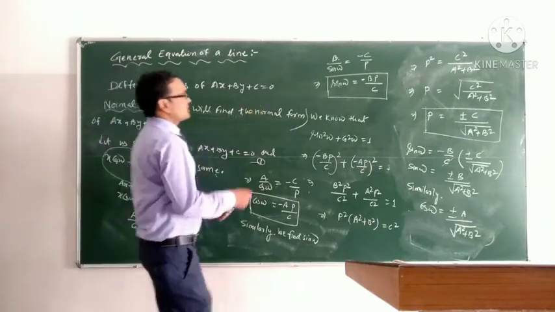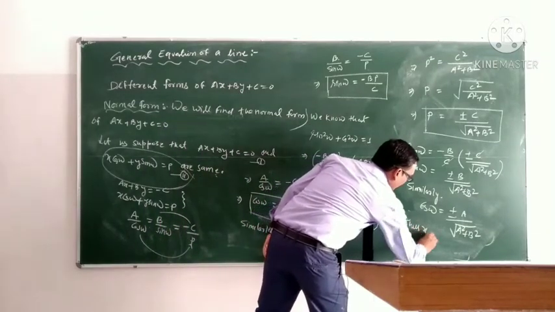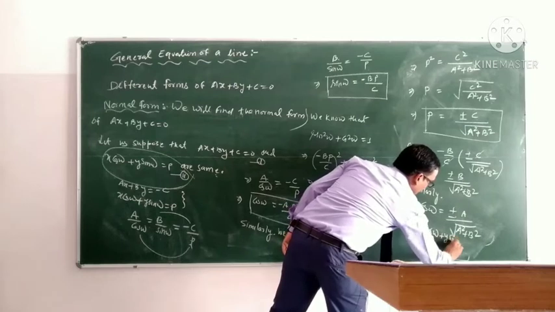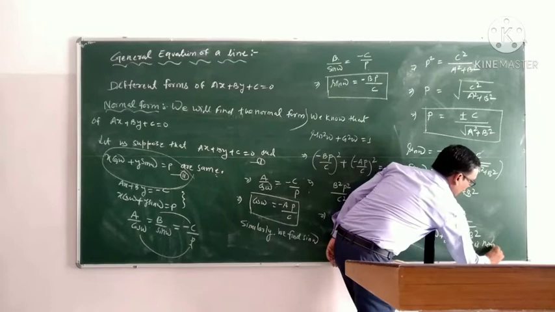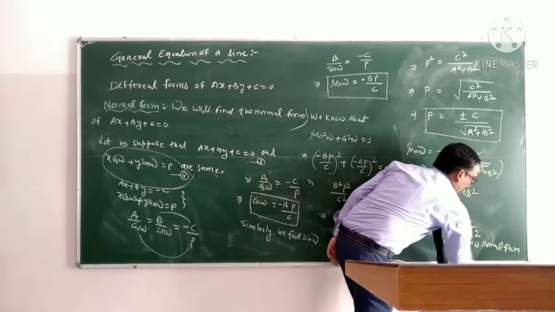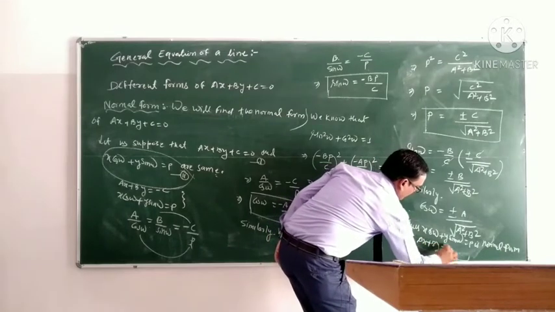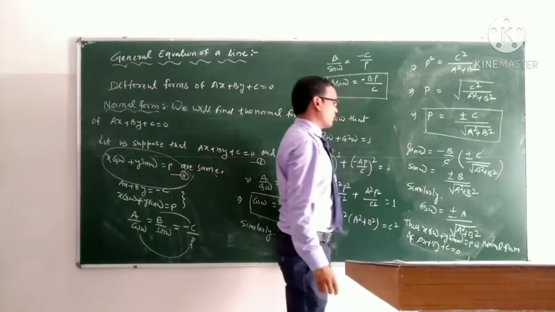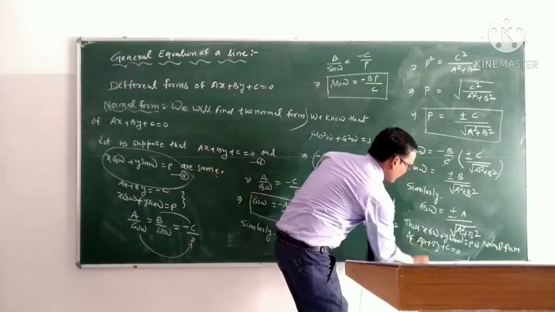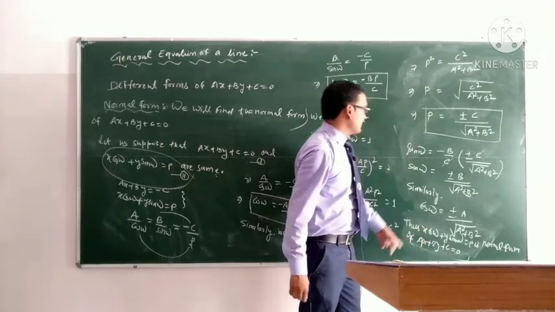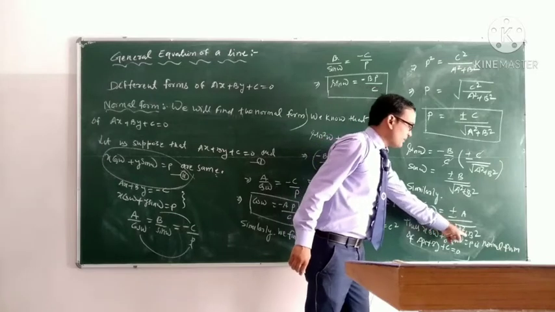Thus x cos omega plus y sin omega equal to p is the normal form of ax plus by plus c equal to 0, where cos omega is plus minus a upon square root a square plus b square.